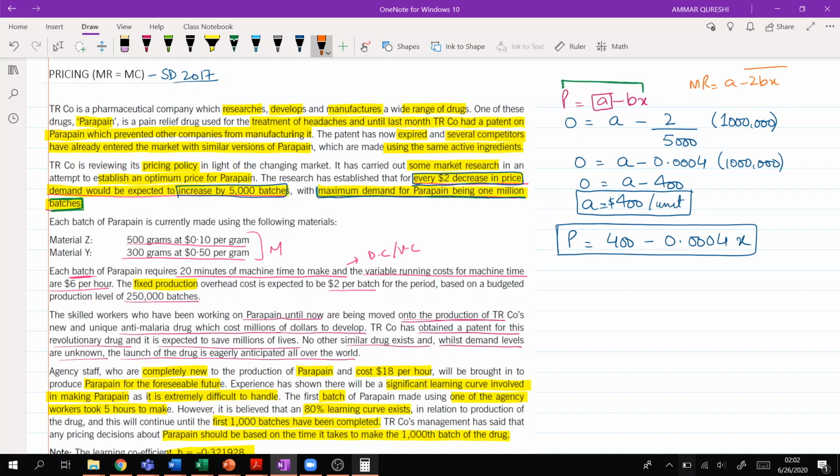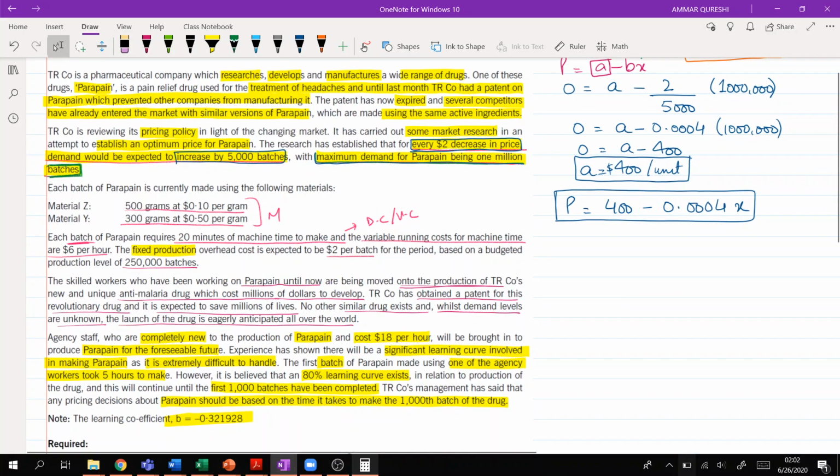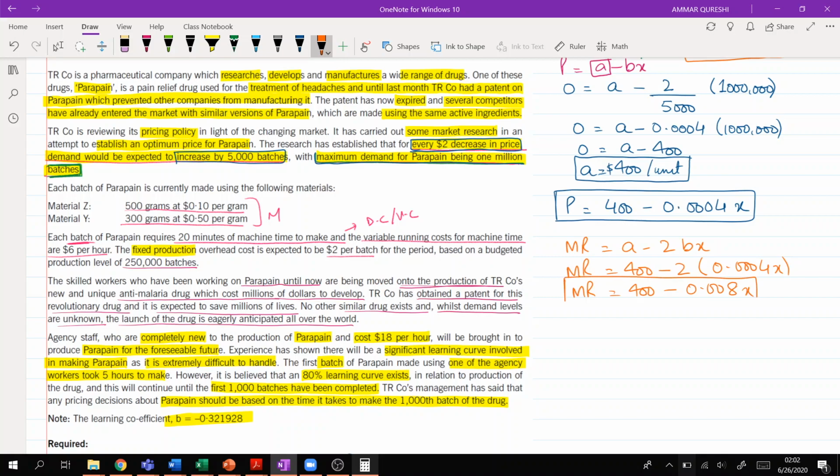You just need to use this equation. So marginal revenue in this case is equal to 400 minus 2 into 0.0004 of x. So marginal revenue in this question will be equal to 400 minus 0.008 of x. Right, so we are done with marginal revenue as well.